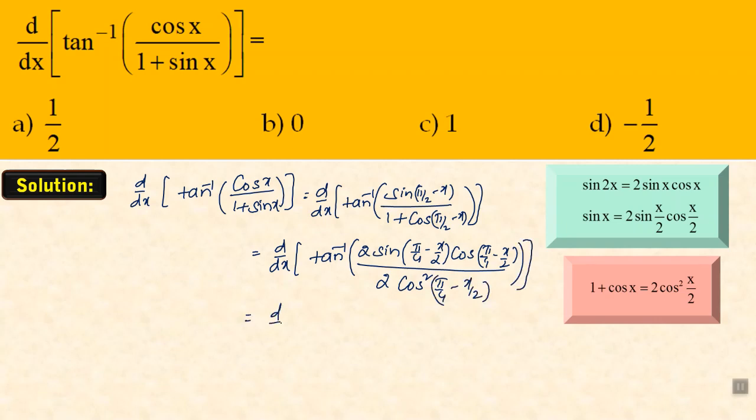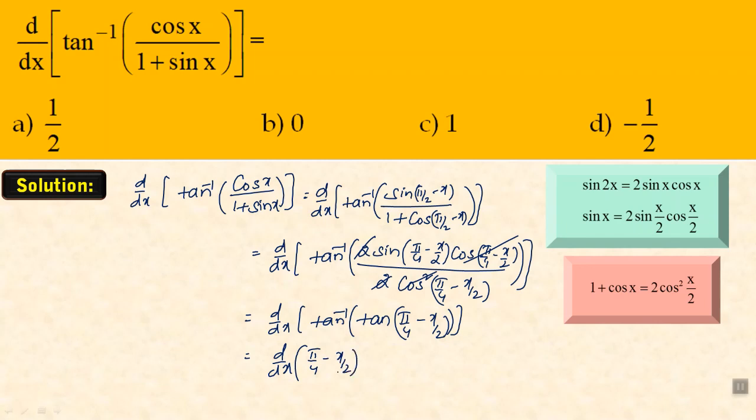This equals to d by dx of tan inverse of, here 2 get cancelled, cos pi by 4 minus x by 2, square get cancelled, sin pi by 4 minus x by 2 divided by cos pi by 4 minus x by 2 is tan pi by 4 minus x by 2. This equals to d by dx of tan inverse of tan pi by 4 minus x by 2 is pi by 4 minus x by 2.